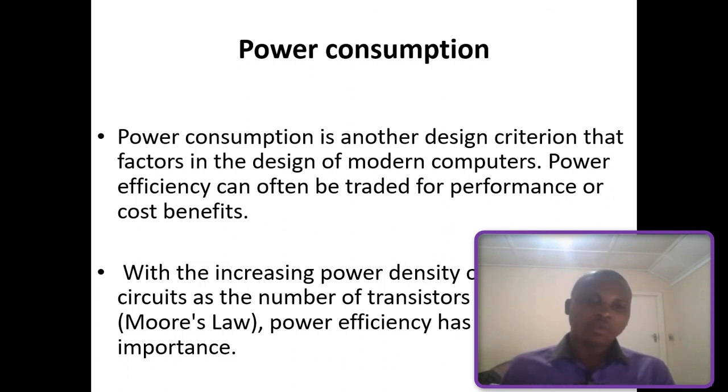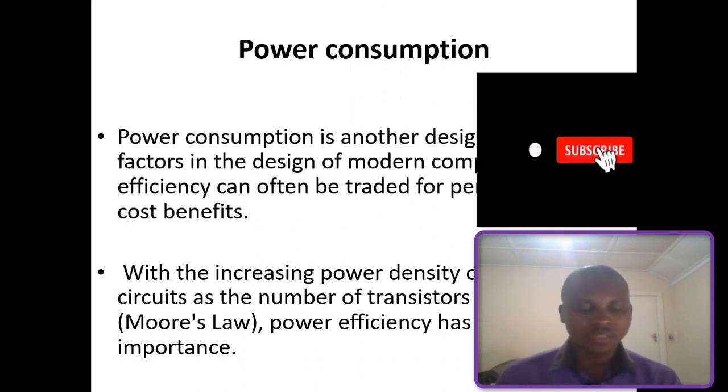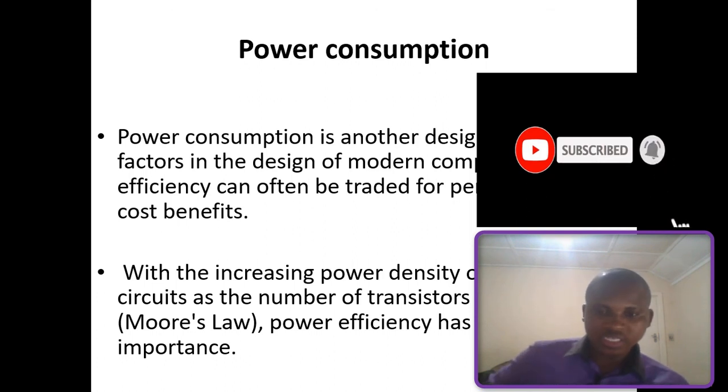But for a basic machine, you try by all means to minimize the cost of power consumption, because you end up having customers moving away from your product. Why? Because your product will be increasing their electricity bills, guys. Okay, so with the increasing power density of modern circuits, as the number of transistors per chip scales, low power design has increased in importance.